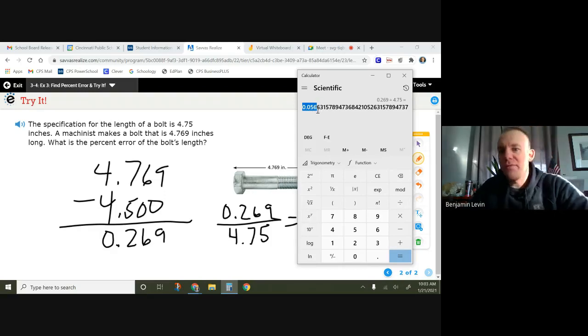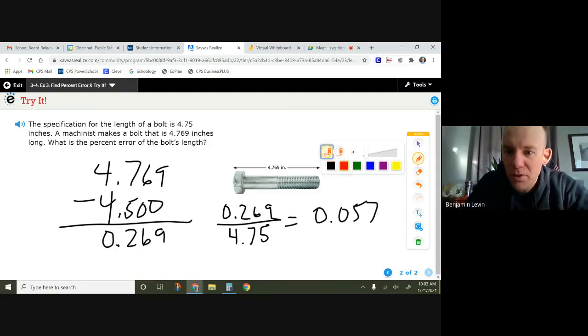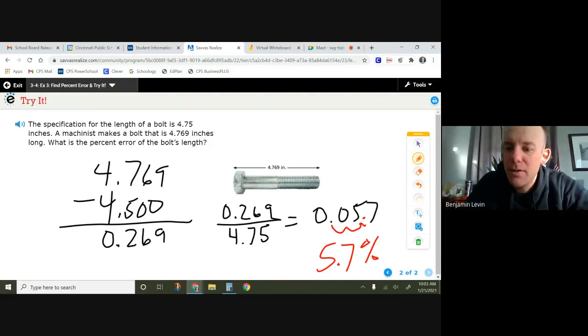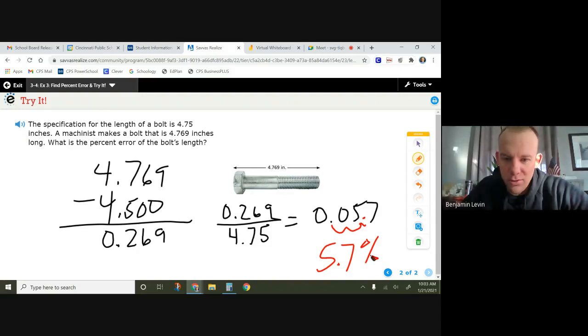We will round it off to 3 places, so 0.057. And then to make that into a percent, we go 1, 2, and put our new decimal point there. So we have 5.7%. 5.7% is our percent error for this particular bolt. The bolt is 5.7% too long.